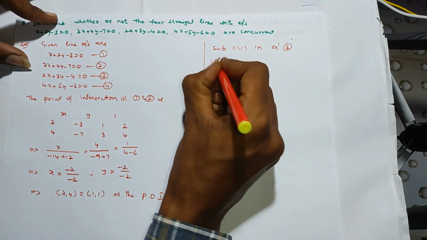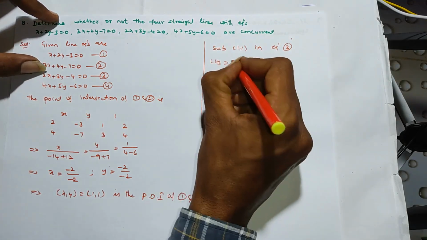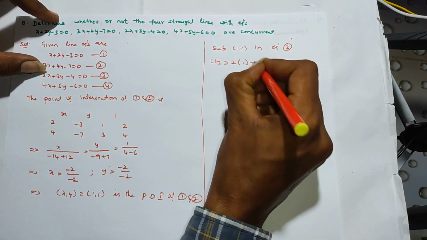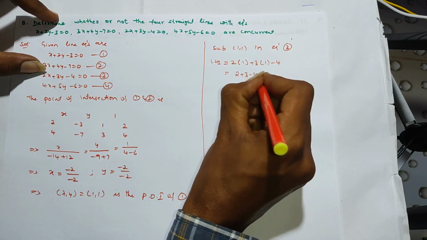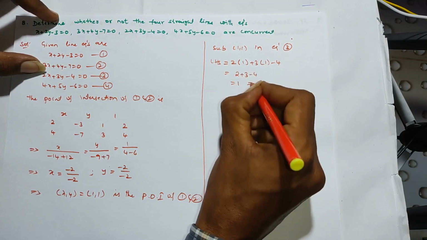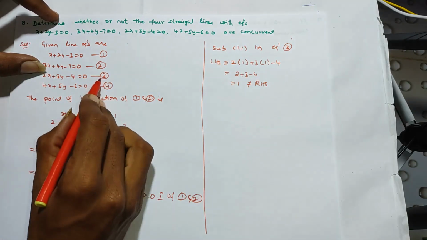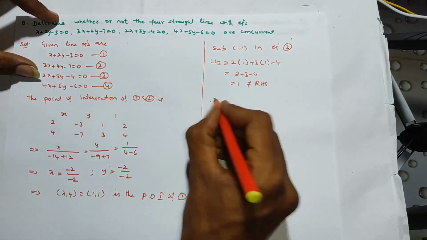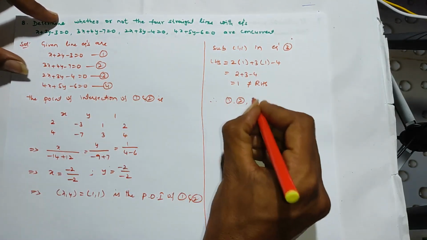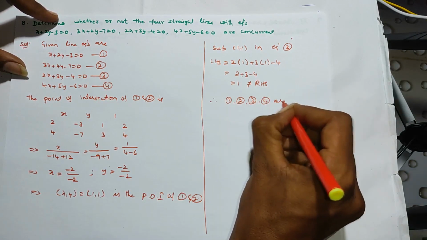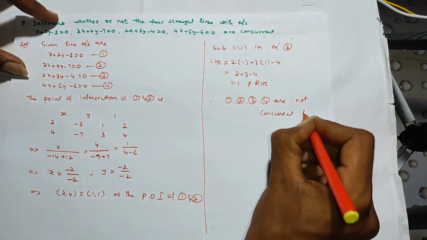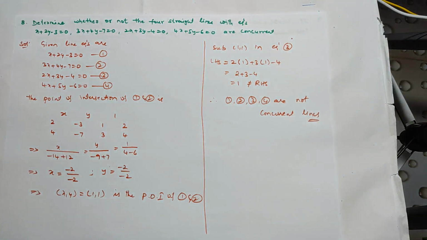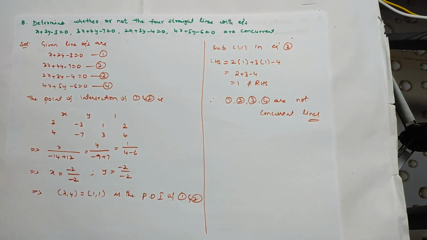LHS is 2(1) + 3(1) - 4 = 2 + 3 - 4 = 1, which is not equal to RHS, because the RHS value is 0. Therefore, lines 1, 2, 3, 4 are not concurrent. In this manner, you can find whether given line equations are concurrent or not.